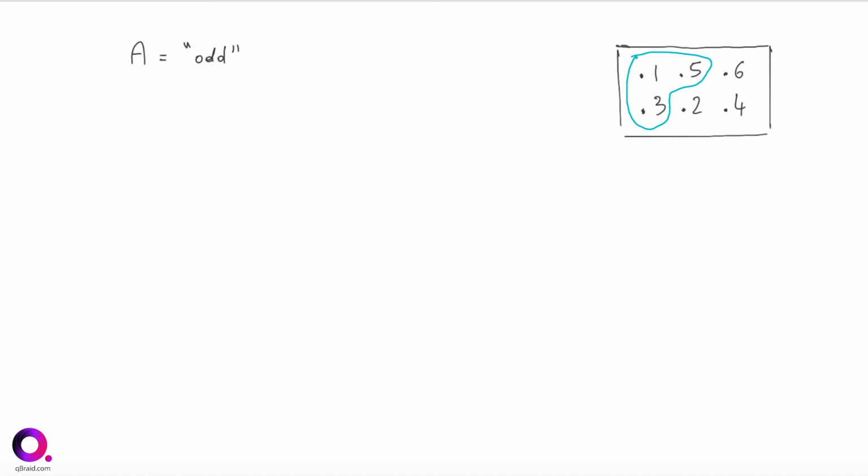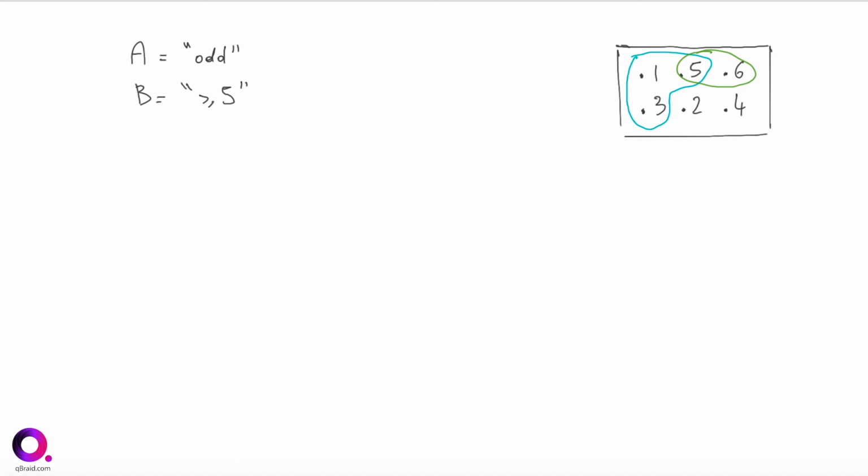And let B be the event of the die landing on a number that is greater or equal to 5. And so B corresponds to the outcomes 5 and 6. These are the only two outcomes that are greater or equal than 5.